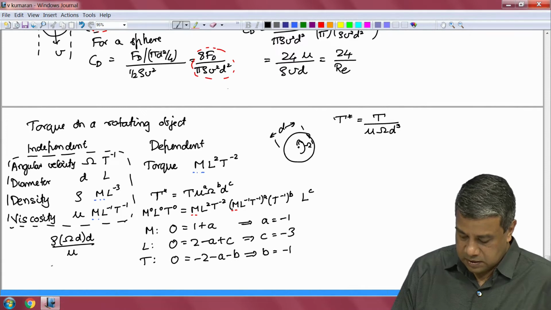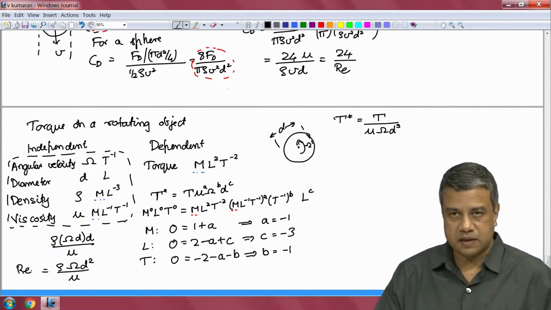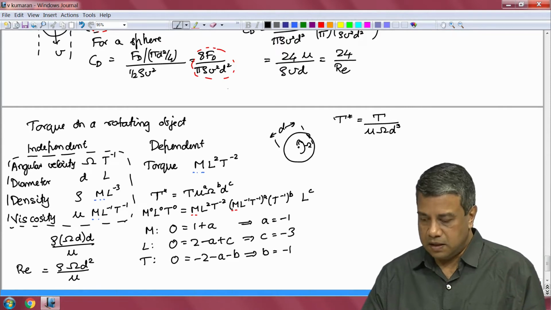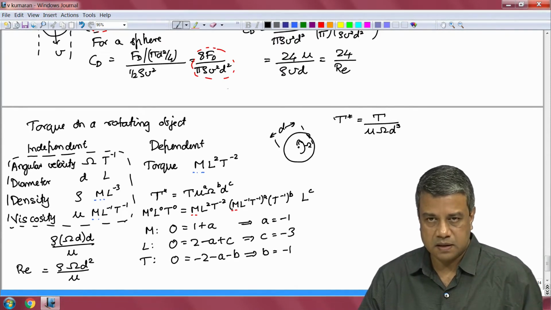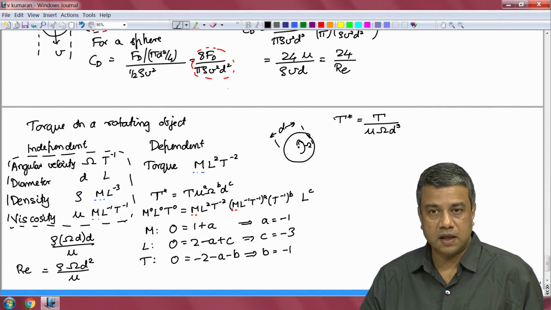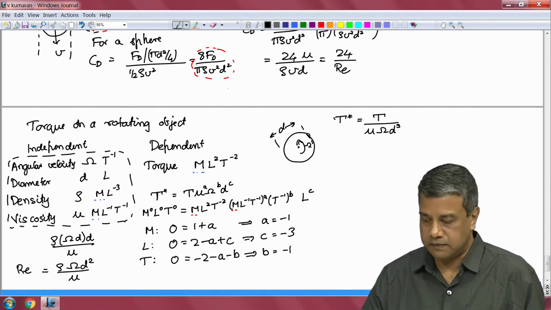So, this is rho omega d square by mu. This is the Reynolds number, in this case the ratio of inertial and viscous effects based upon the angular velocity of the rotating object, rather than the linear velocity.